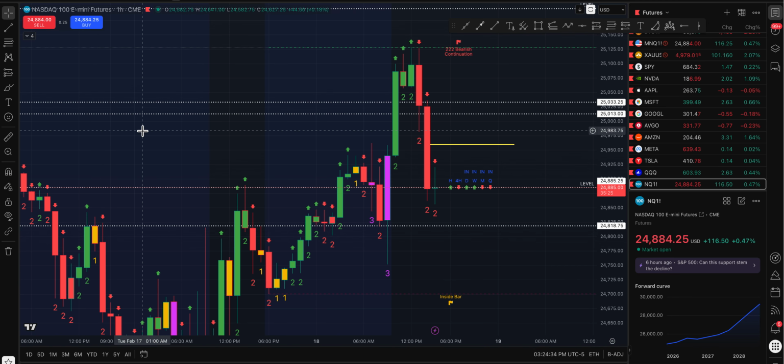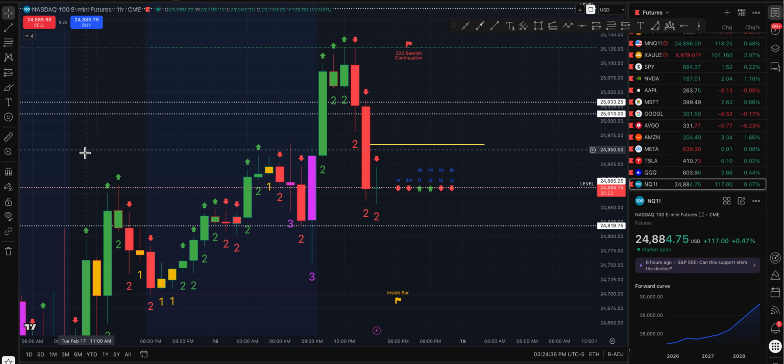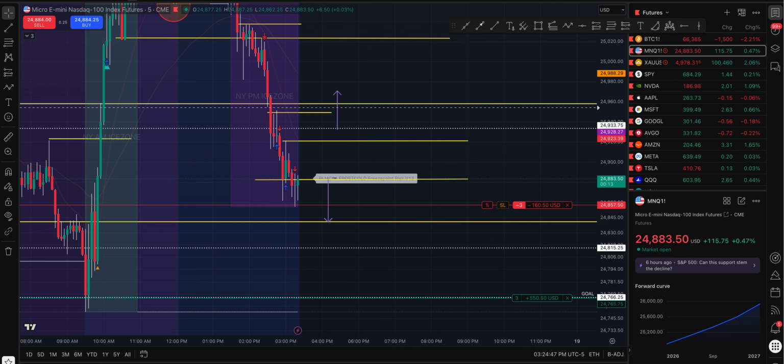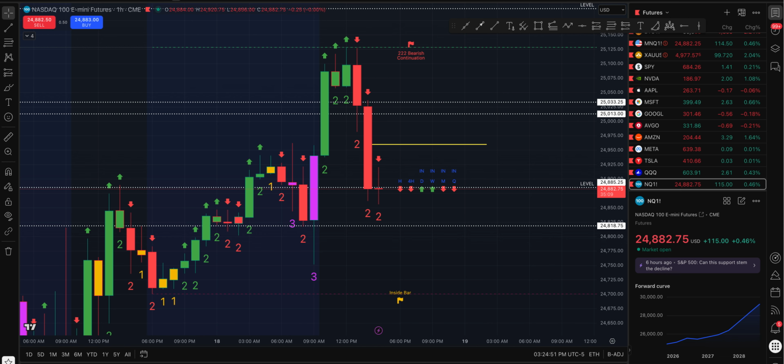Yep, it's trying to turn on us. Which, if it's all green and then red in the middle, that means it don't want to go down anymore. That means it's going to start going up. So let's see. It's 35 minutes on this candle.